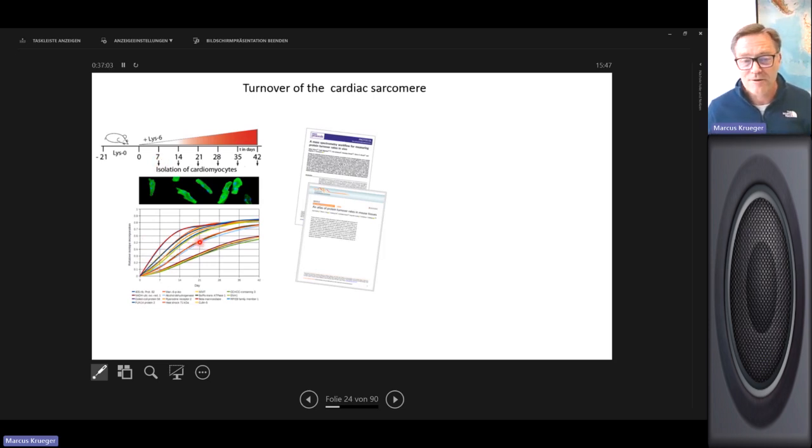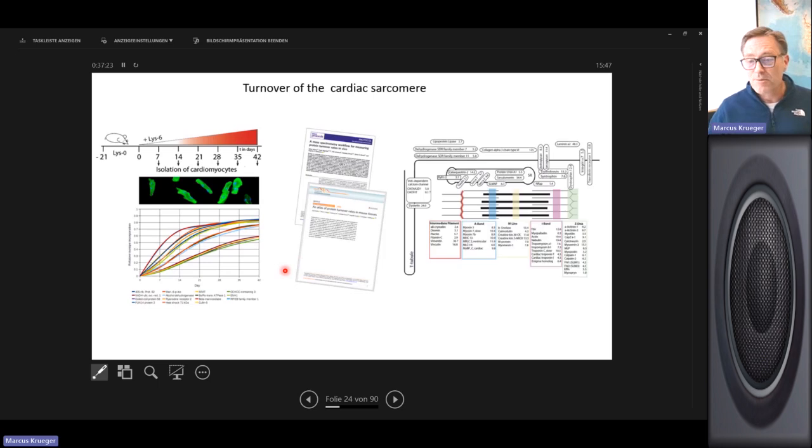However, there were quite some nice studies from different labs, shown in this publication, which develop mathematical models for how we can use these incorporation rates over time to calculate the true turnover, so the half-life of proteins. I will not go into detail about that today, but we did that using different tools, and based on these incorporation rates we can then see the half-life in days.